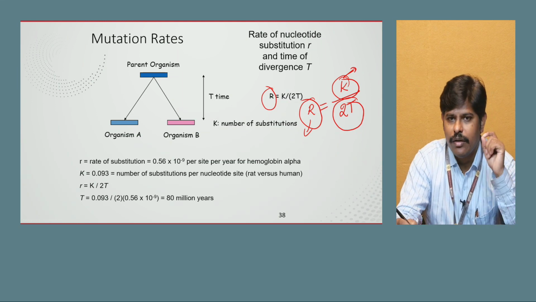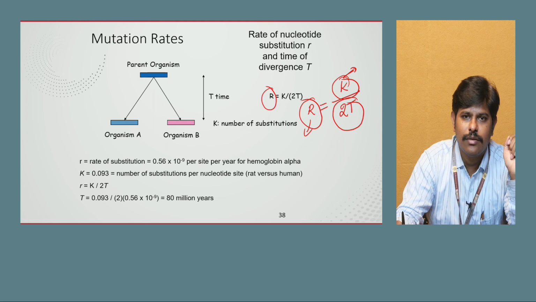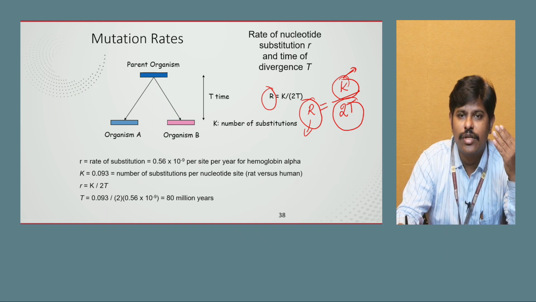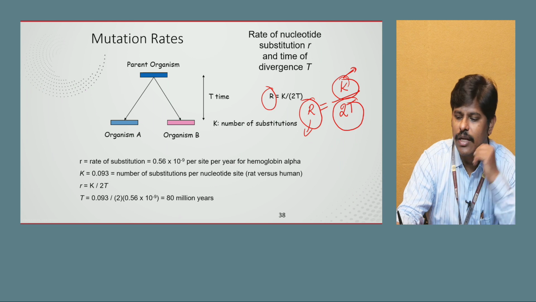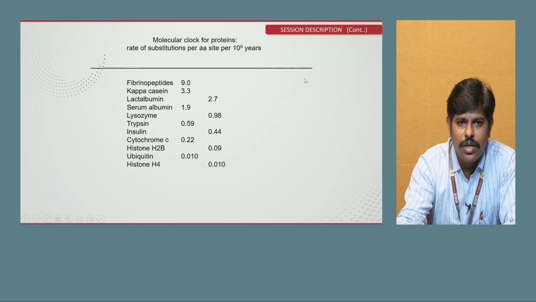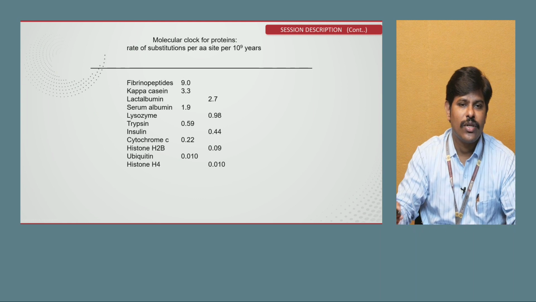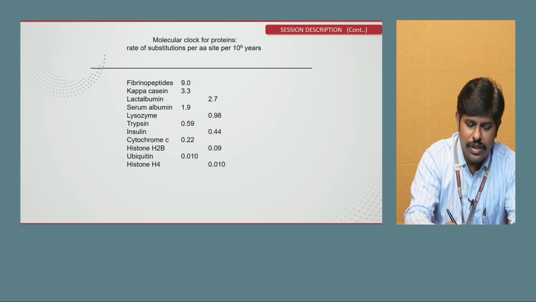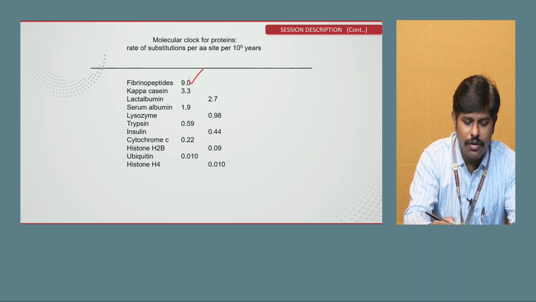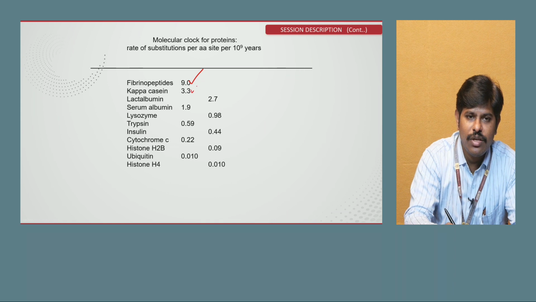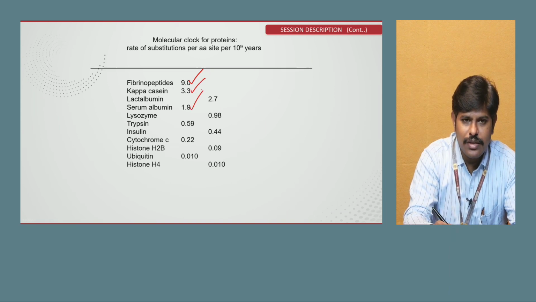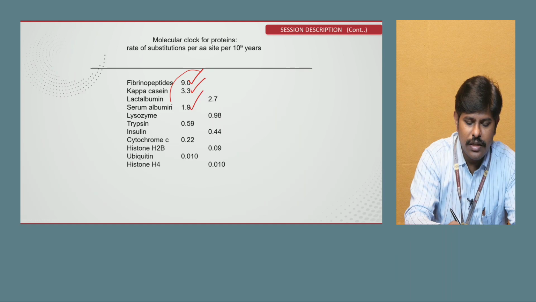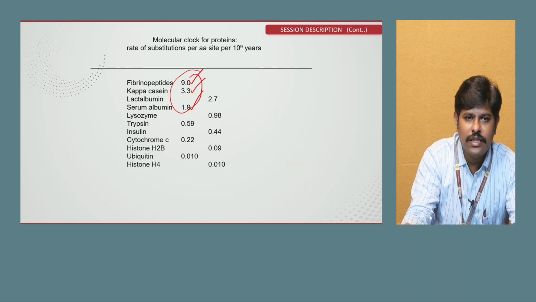For a given conserved protein, the rate of substitution is constant, so the evolutionary rates and evolution timelines will also be constant. Some proteins undergo mutations very quickly, and some do not. Fibrinopeptides present in the blood, milk proteins and albumin proteins of blood undergo mutations, which means they change in different organisms.